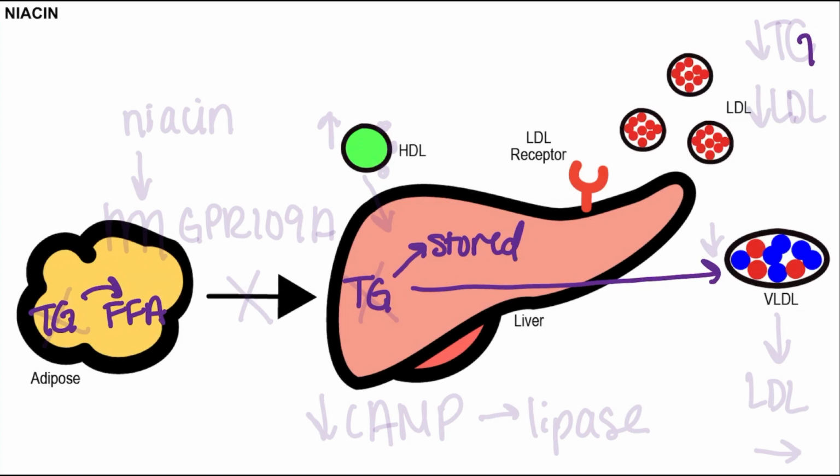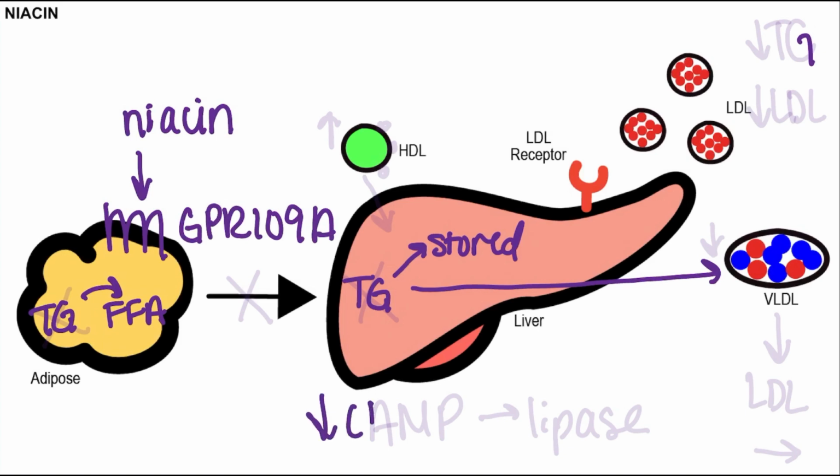Now, niacin actually prevents this process by interacting with a GPCR. And this GPCR is found in the adipose tissue, and it is known as GPR109A. So when niacin binds to this GPCR, it activates the Gi adenylyl cyclase pathway, reducing cyclic AMP production. This leads to reduced lipase activity in this adipose tissue.